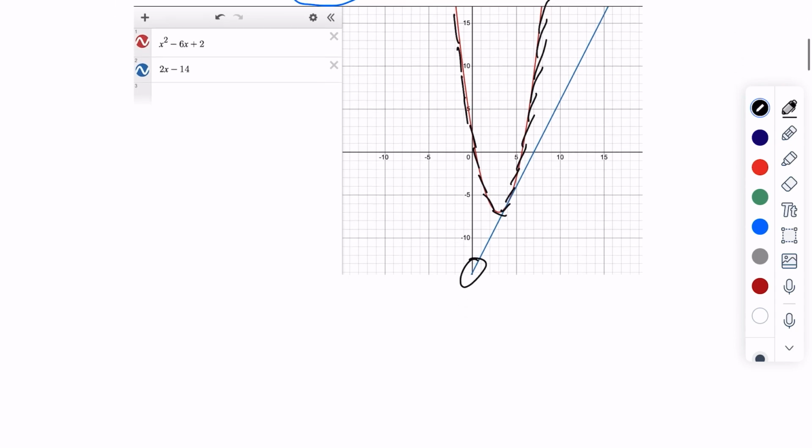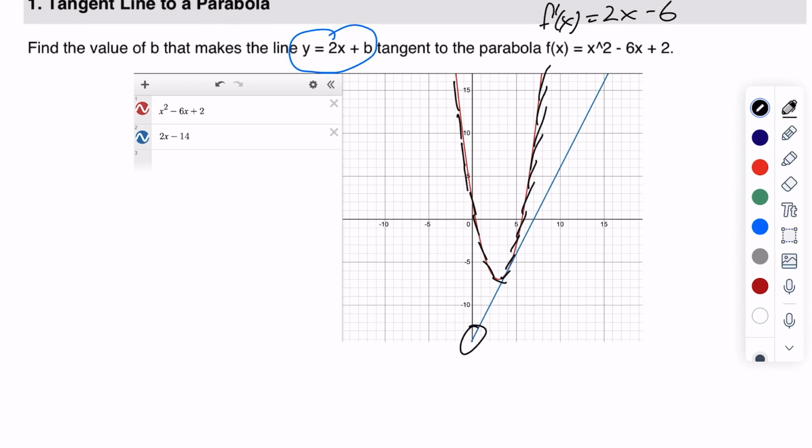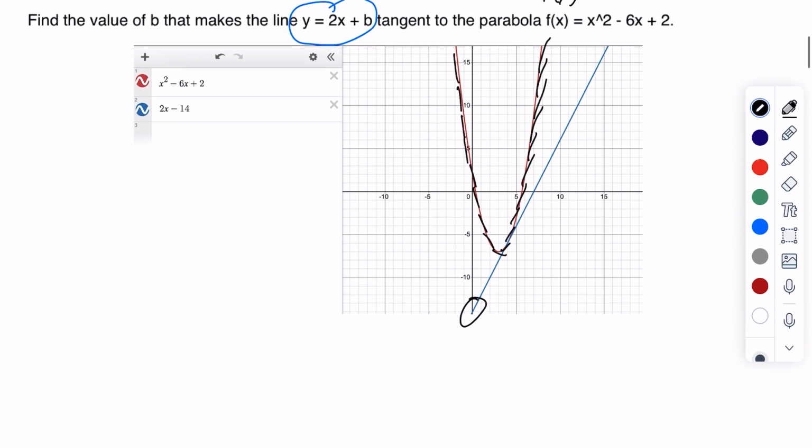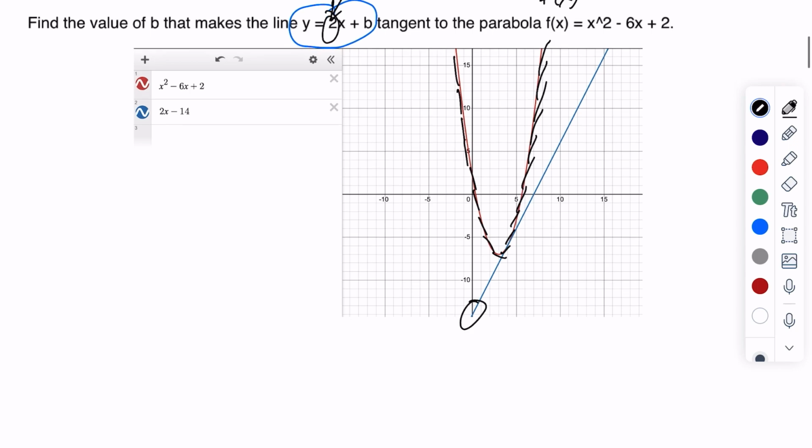So now that we have the slope at each point of x, we want to set the slope equal to 2, because that is the slope of our tangent line here that we're dealing with. So we'll set 2x minus 6 equal to 2 and solve for x, which is 4.